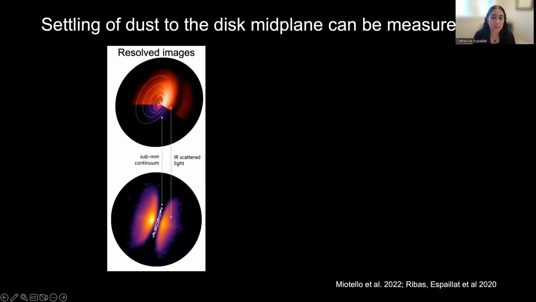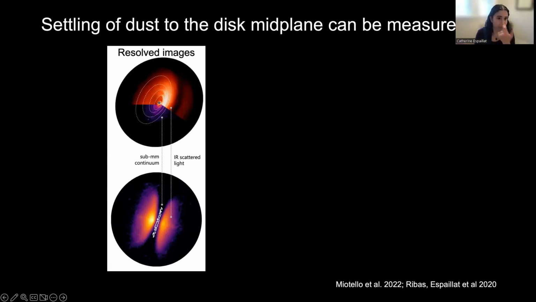In the top, the red is near-infrared emission, which is tracing light scattering off of small dust grains in the surface layer of the disk. And the purplish here is tracing the sub-millimeter radiation, thermal emission, coming from larger millimeter size grains.